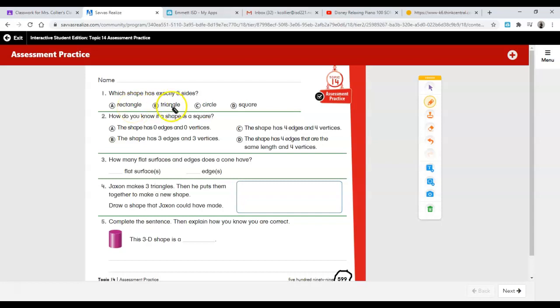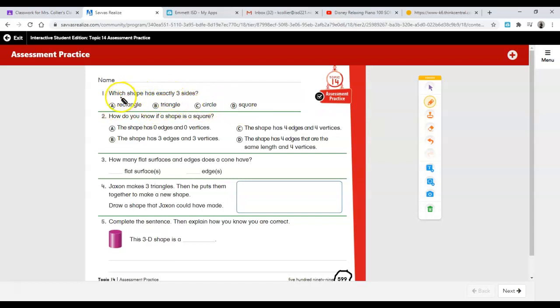Our second choice is a triangle. Our third choice is a circle. And our last choice is a square. When you see these kinds of answer choices, this is called multiple choice. It wants you to fill in the circle for which answer is correct.